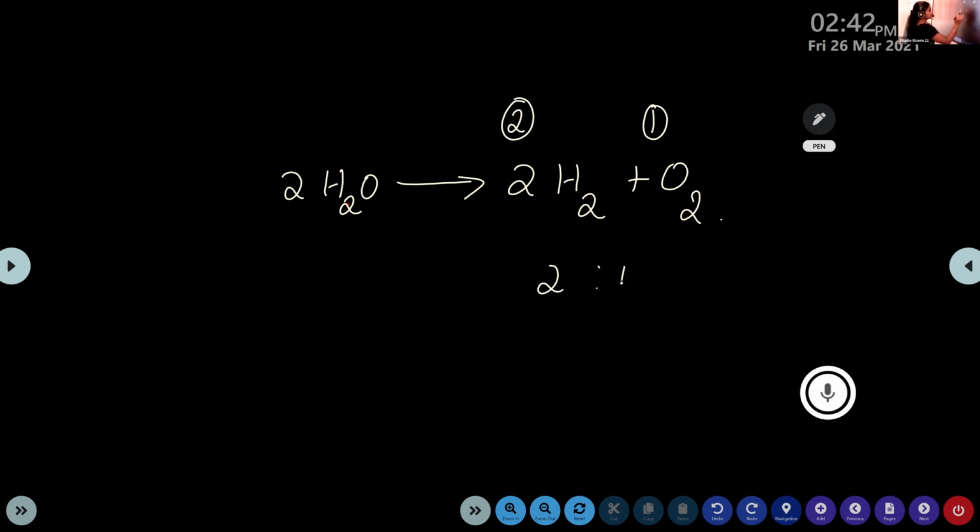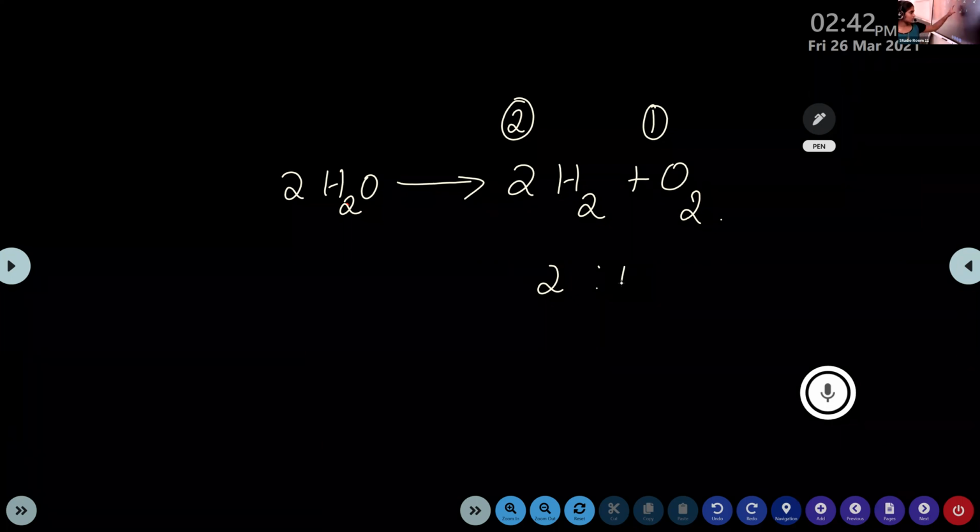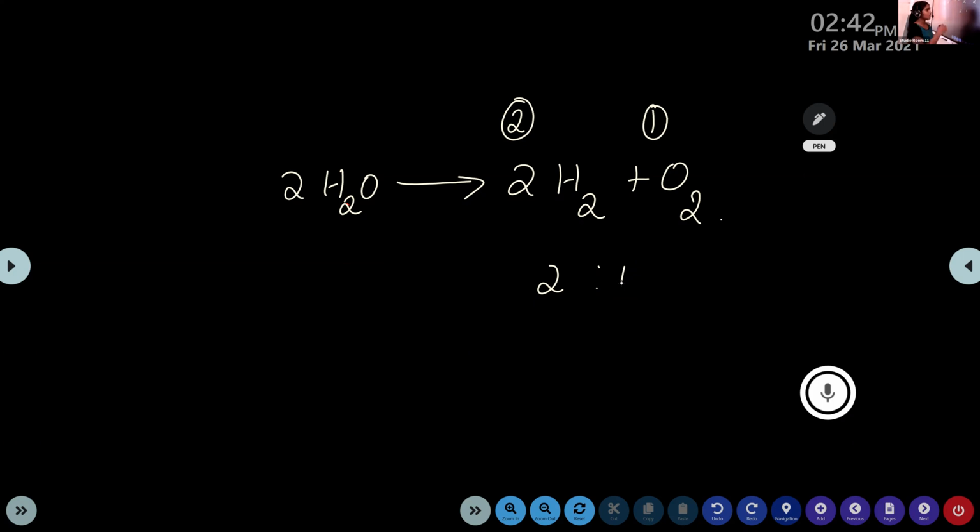So hydrogen gas is 2 times more than oxygen. That's why the amount of gas collected in the test tube containing hydrogen is double the amount of oxygen. Clear? Yes, ma'am.